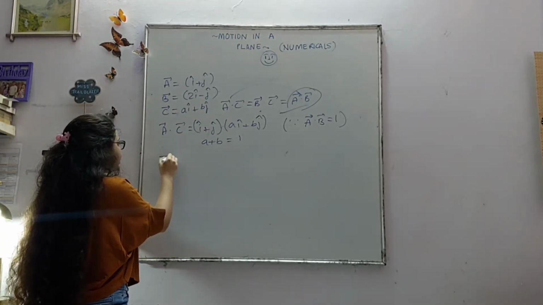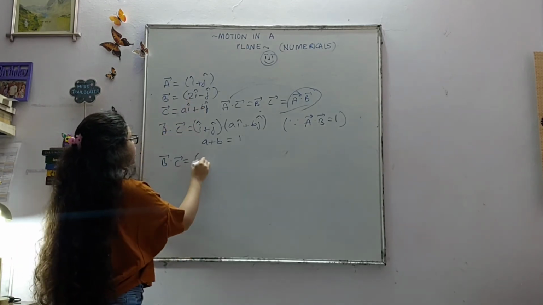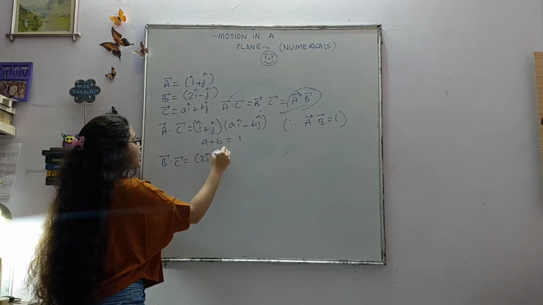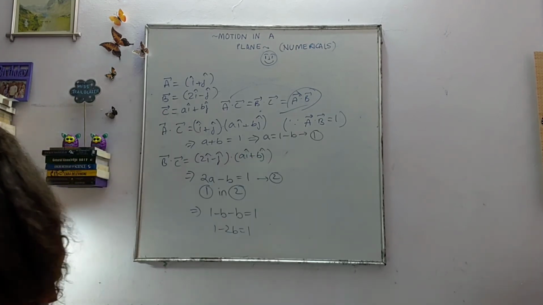Now let me find out B vector dot C vector. So what is B vector? It is 2i cap minus j cap dot a i cap plus b j cap.